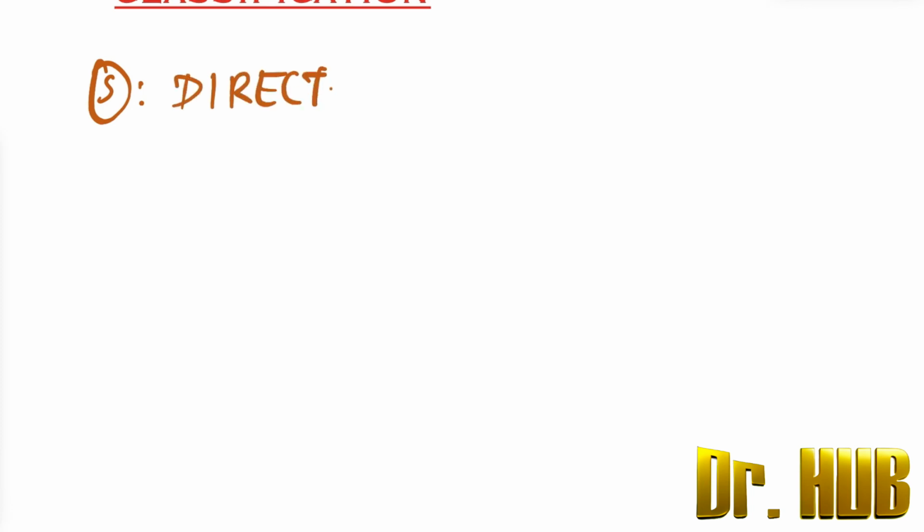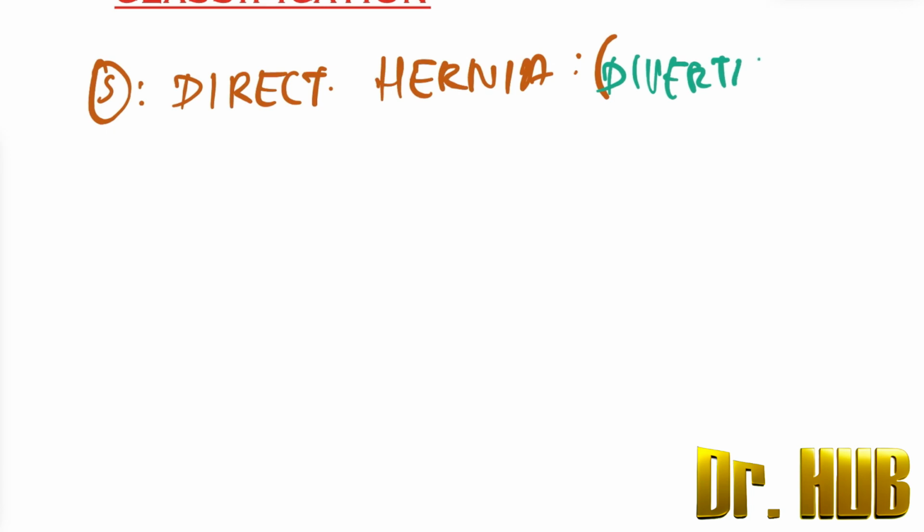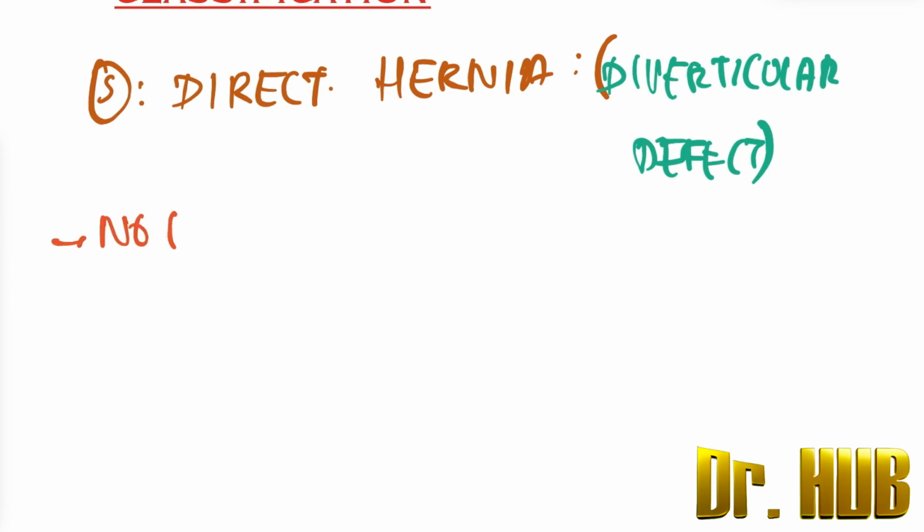Next we move on to type 5. What is meant by type 5? Type 5 is a direct hernia with a diverticular defect. There is no peritoneal sac and the internal ring remains intact.